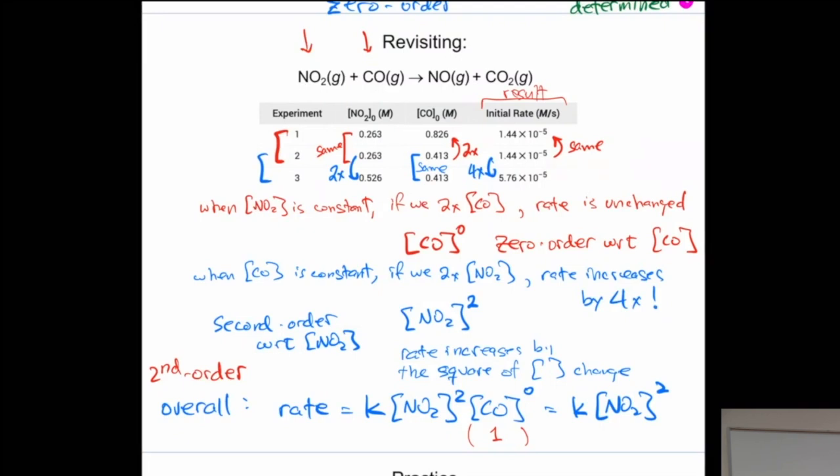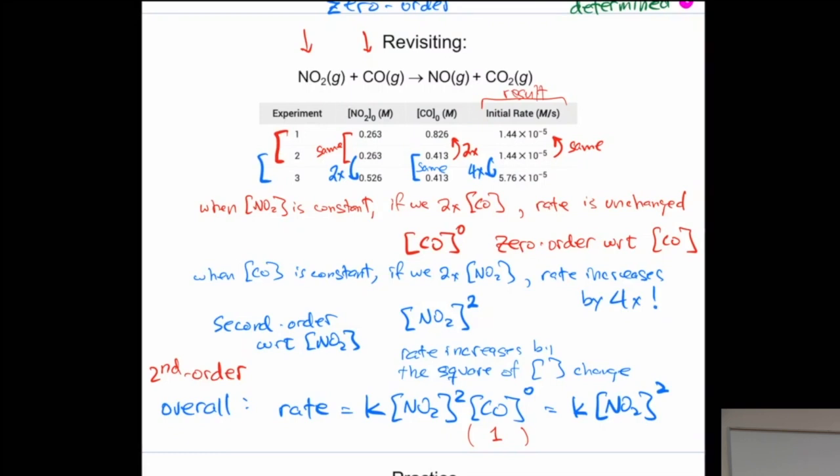That's very different from the other hypothesis, which is we double each one and the rate doubles. If we doubled the concentration and this only doubled, what order would that be, do you think? There's only one left. First order, right?